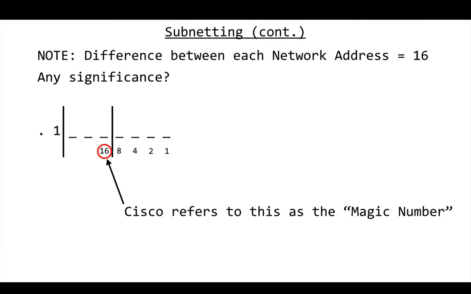Well, yes, there is. Cisco refers to this as the, quote, magic number in their curriculum. So if you look at the weight value of the position right after you go from host bits into subnet, that should be the difference between each of your network addresses.